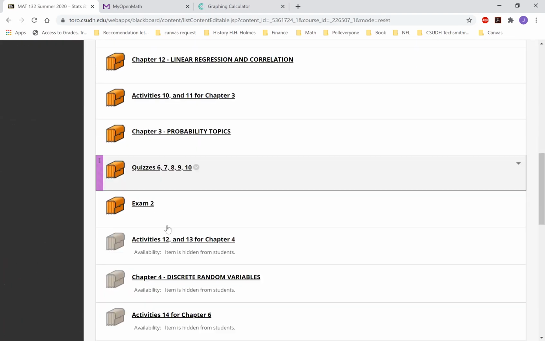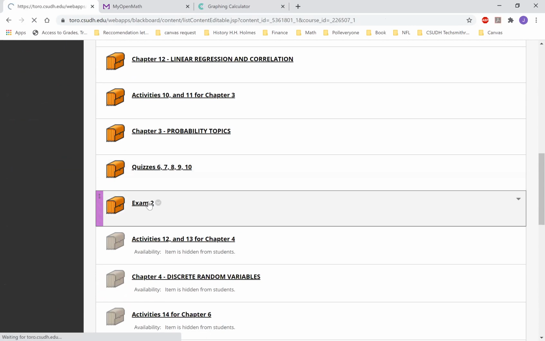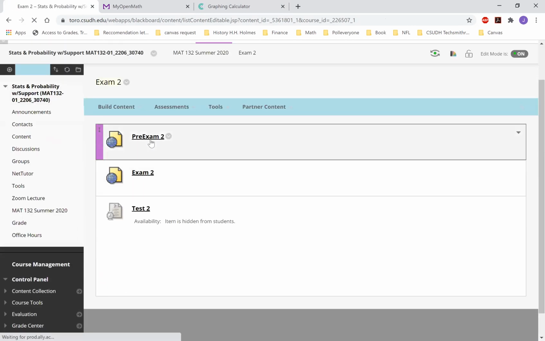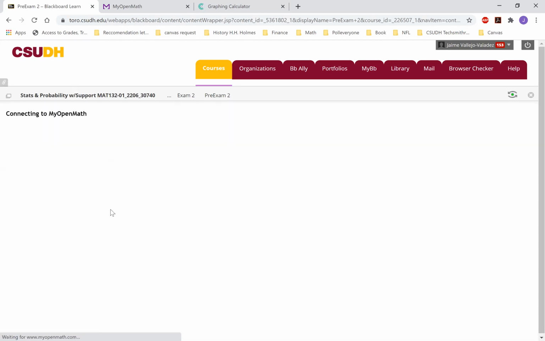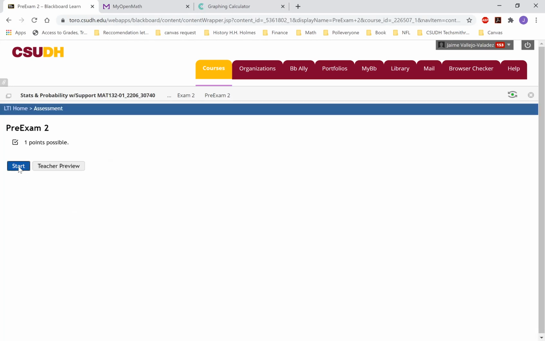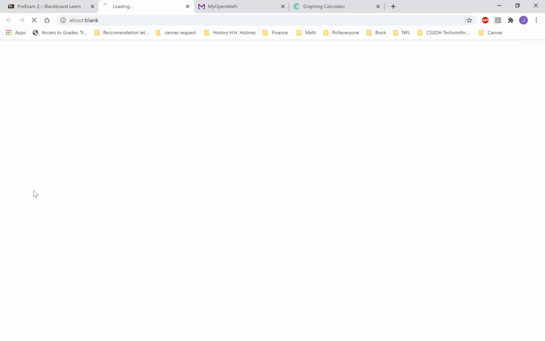Also, you do want to go over the exam. If you go right here, exam 2, right here you have your pre-exam. If you click it, there you go, your pre-exam.